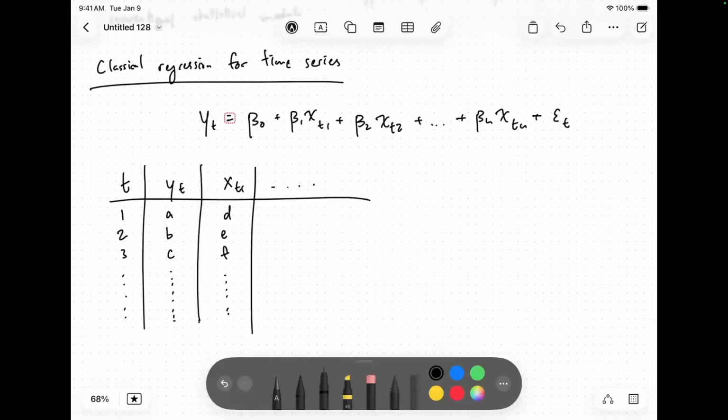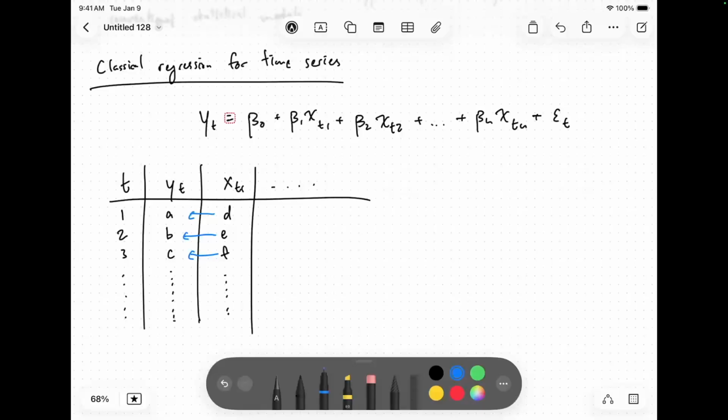Okay. So the idea here is maybe I have some kind of relationship that's correlated over time, in addition to our kind of direct relationships, right?